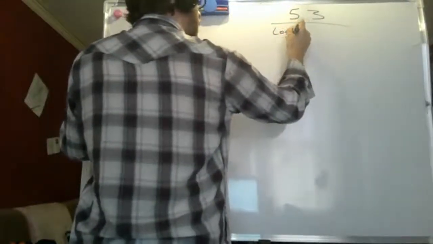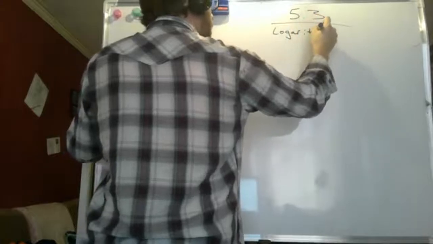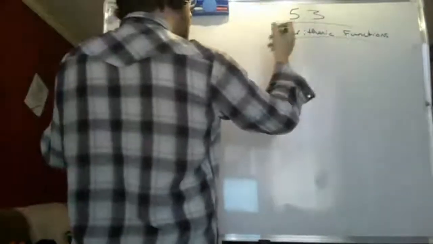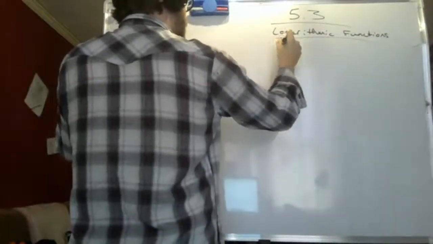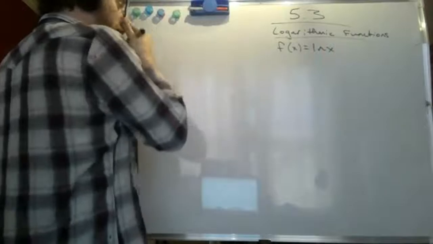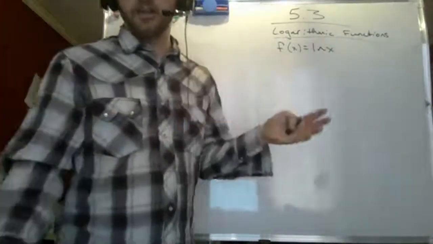In this section, we're talking about logarithmic functions. So what is a logarithmic function? Well, as we talked about in the previous lecture videos, f of x equal to the natural log of x is a natural logarithm, and so this is a logarithmic function.